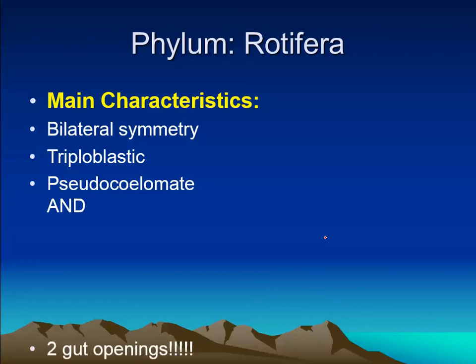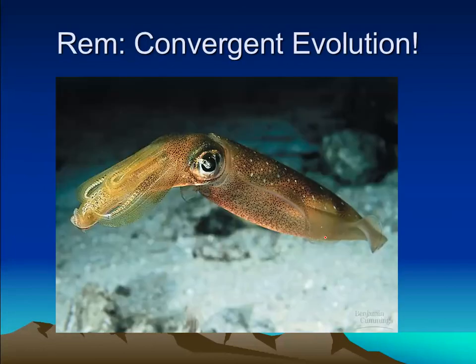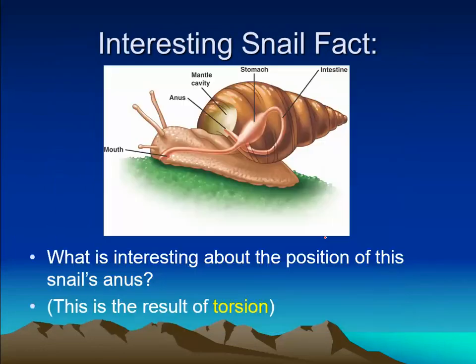And, ta-da! They have 2 gut openings. Yay! I think this is a wonderful evolutionary invention where your digestive tract has an anus that is different from the animal's mouth. I just think that is personally a wonderful evolutionary invention, having an anus that is separate from the mouth.